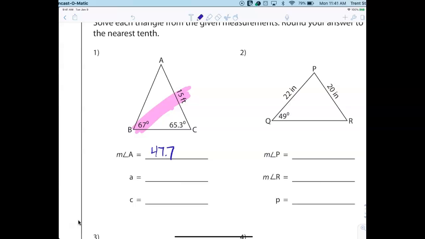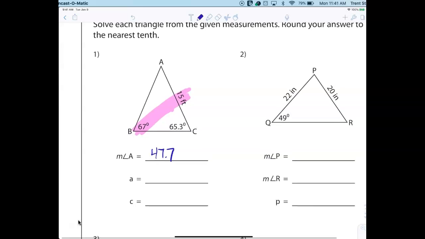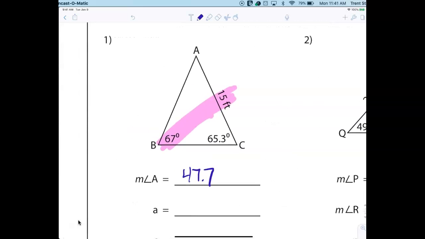That would be what? Sine of 67 over 15 equals sine of 65.3 over C. Beautiful. So now cross multiply, divide.